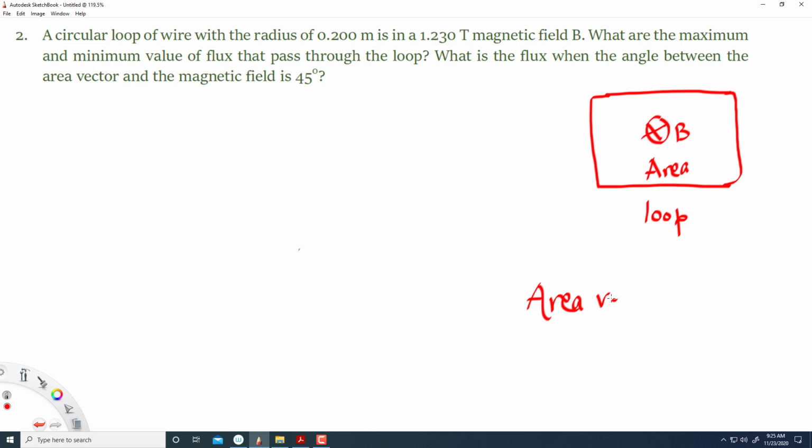Area vector has a value which is the area, and it also has a direction. Direction is perpendicular to the plane or the surface.